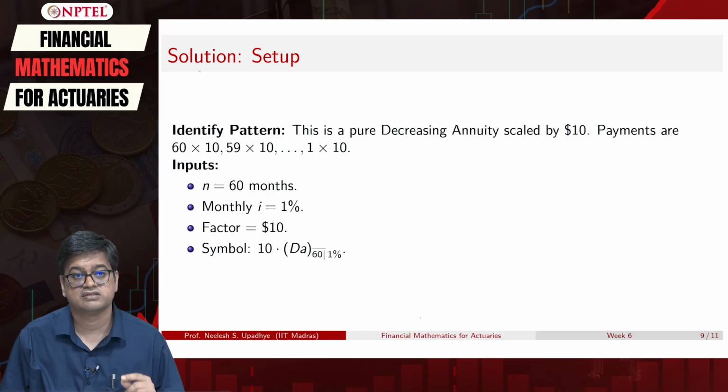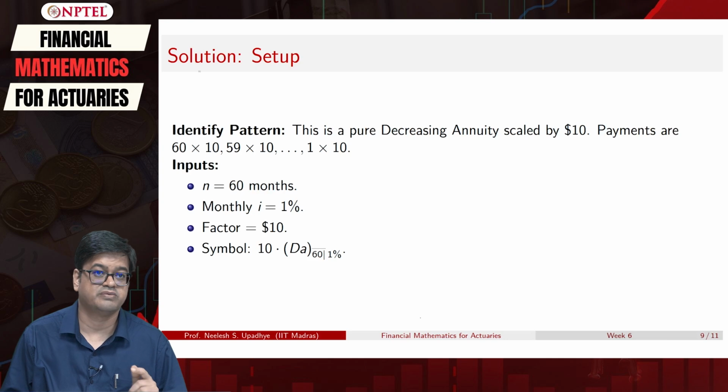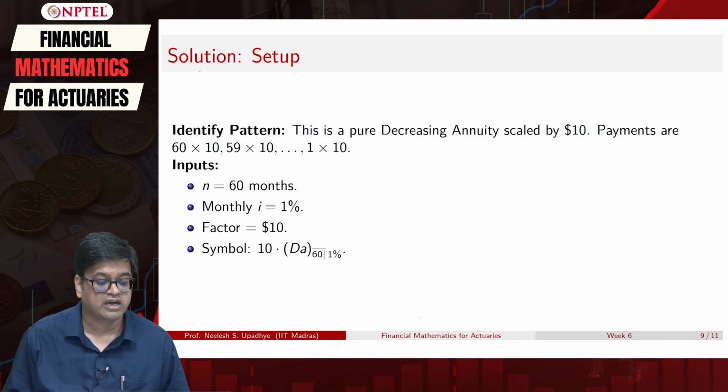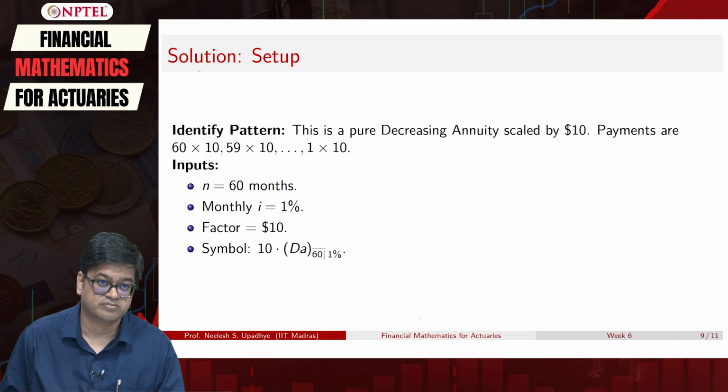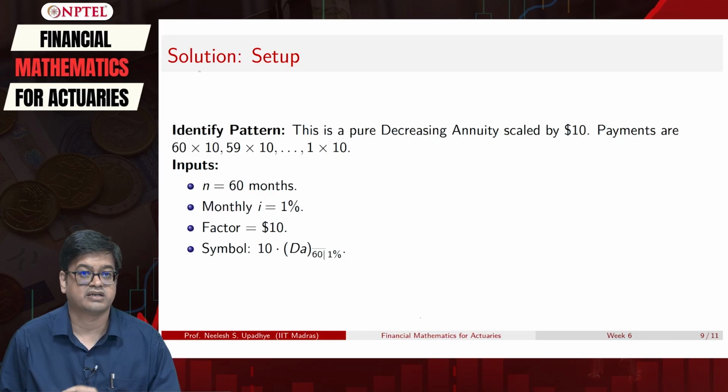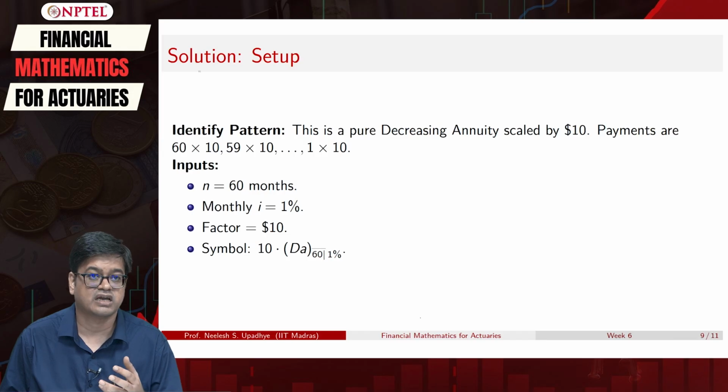The interest rate is 1% effective, and the decrease that is happening is by $10, right. So, that is the factor that we are interested in. Whenever I am calculating decreasing annuities, I will multiply this factor of 10 with the decreasing annuity. Therefore, the symbol is 10 times DA 60 at 1%.